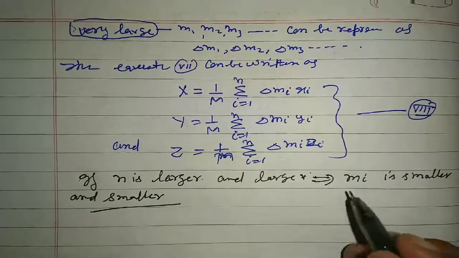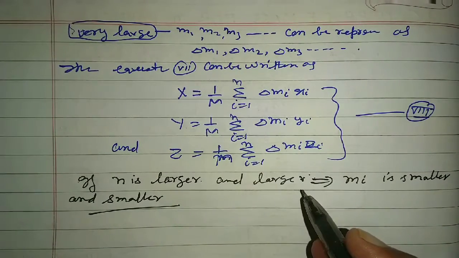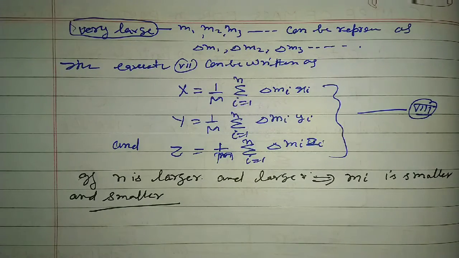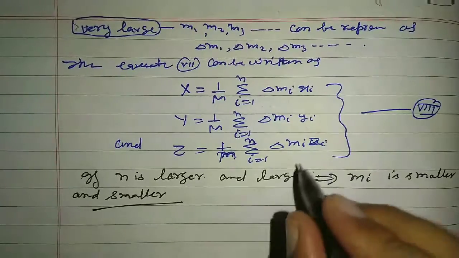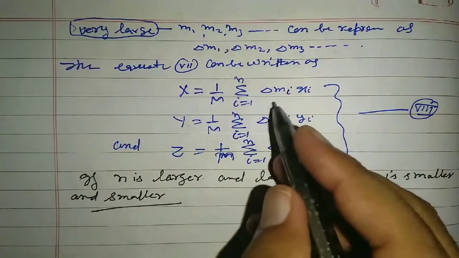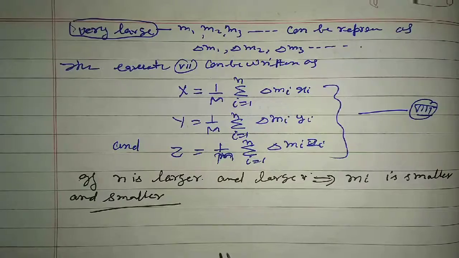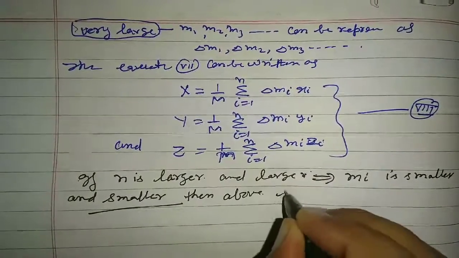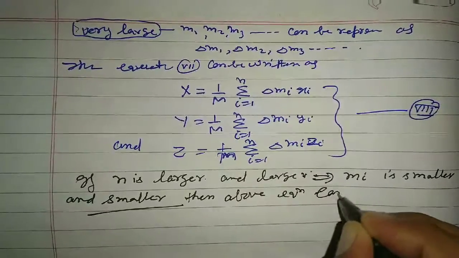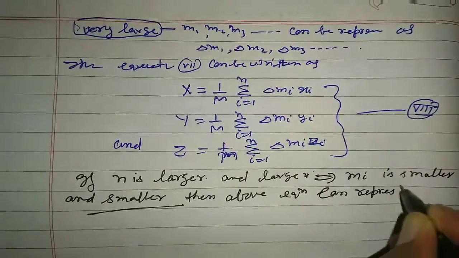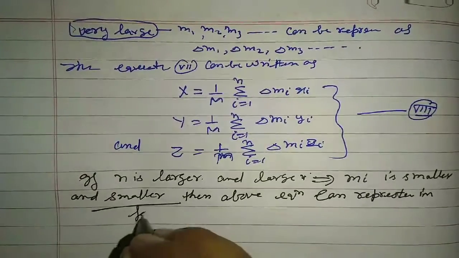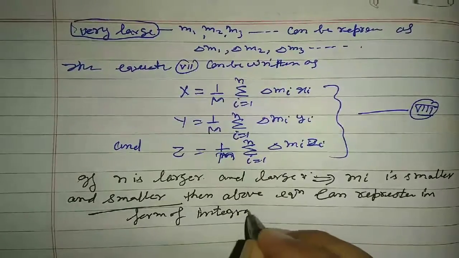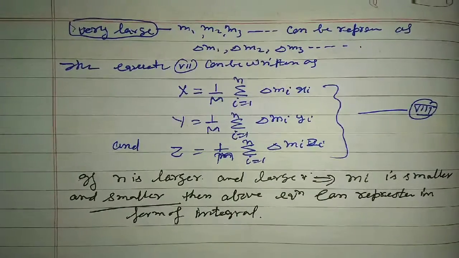For a given rigid body, if the number of particles increases, then the mass of each particle will decrease, right? In that case, if m is very small, the above equation can be represented in the form of an integral.